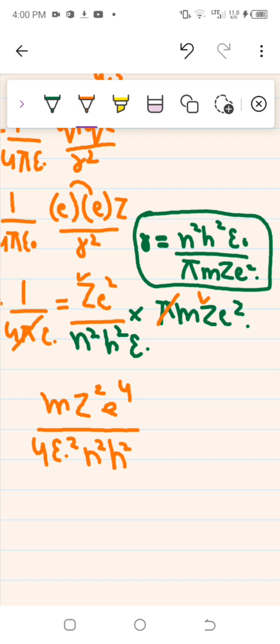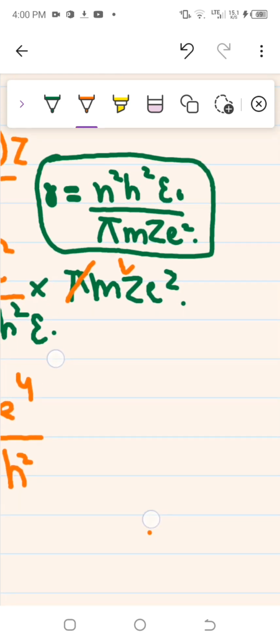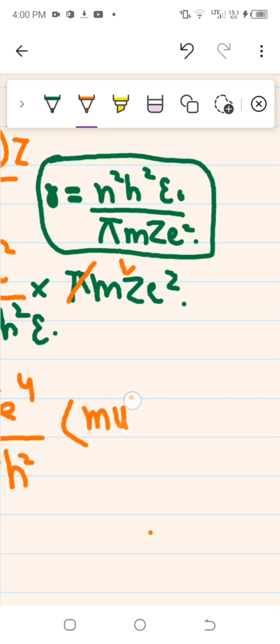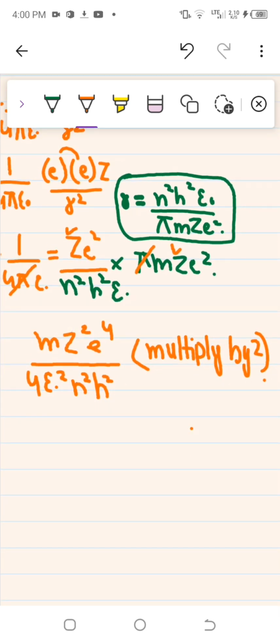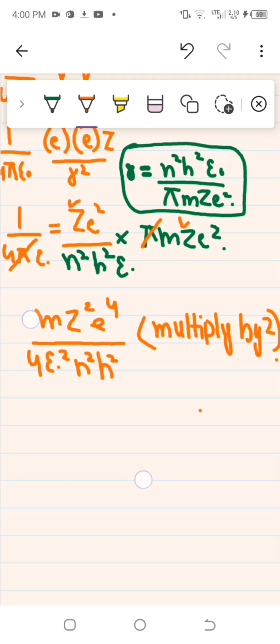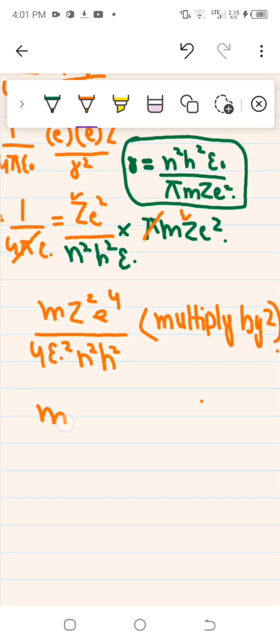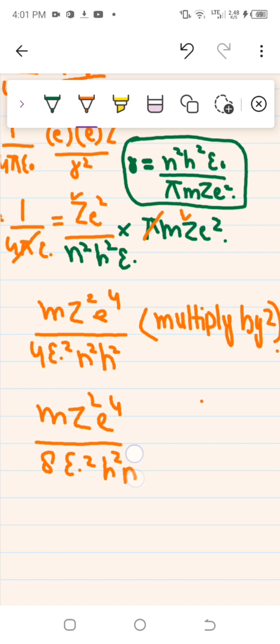Now we multiply this whole term by 2. When you multiply this whole term by 2, you get m Z square e4 divided by 4 to the 8 epsilon square h square and n square.